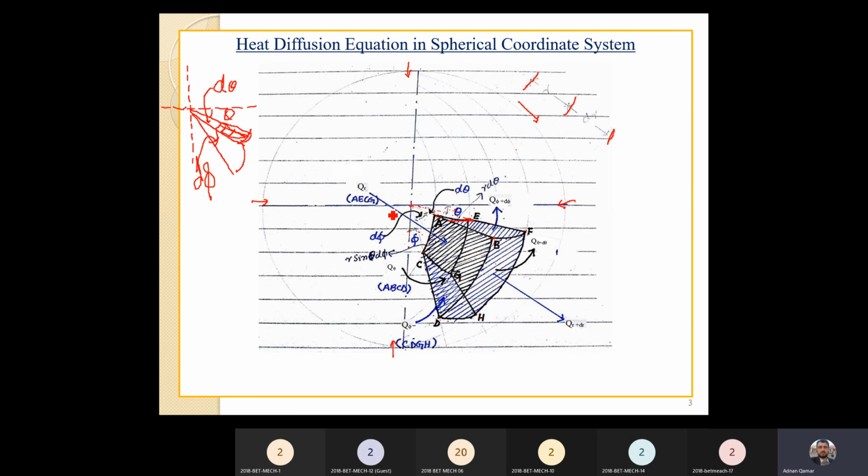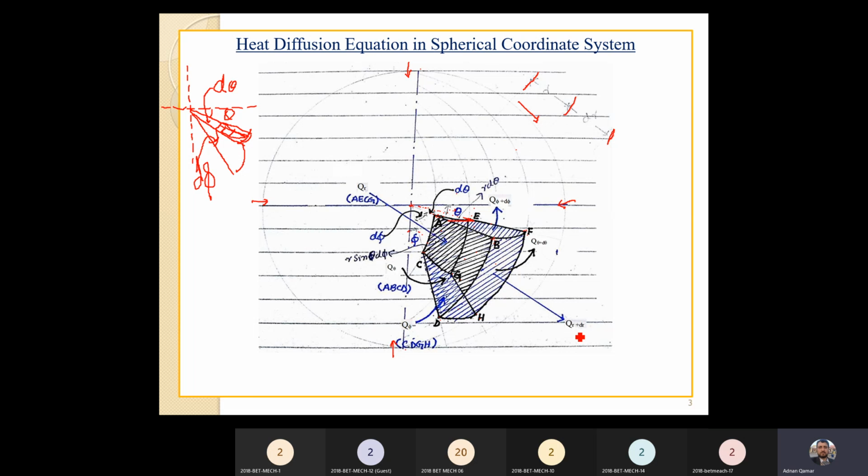Qr is the heat that is passing through this elemental area in the radial direction. So the heat entering the system is represented by Qr, and after passing distance dr, the heat exits from the other side and it is represented by Qr plus dr. Qr is the heat entering from this direction and Qr plus dr is the heat leaving from this direction.